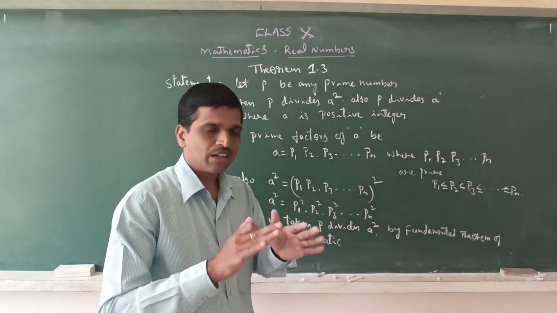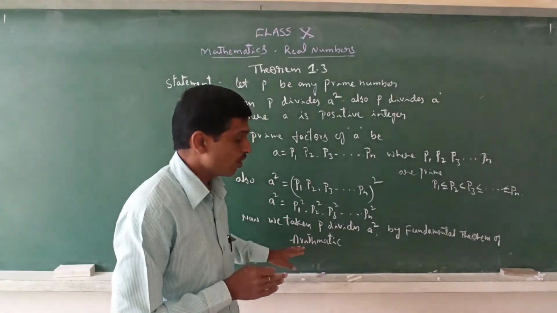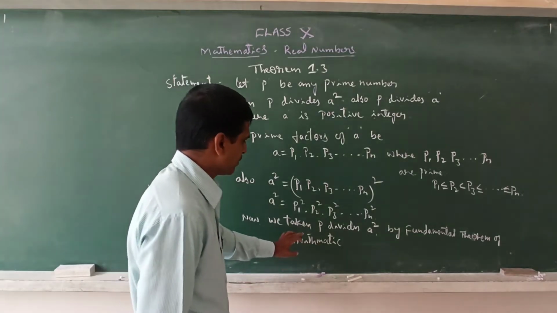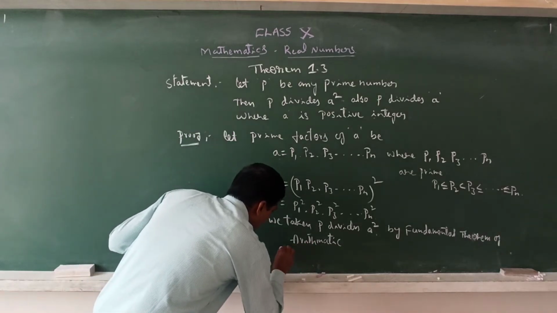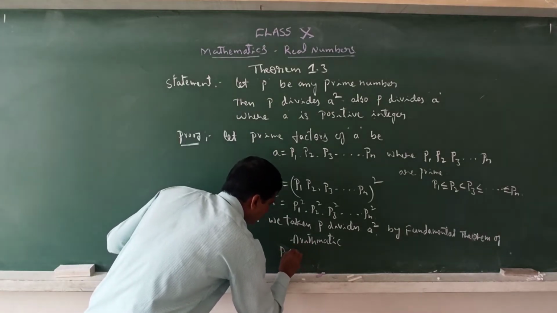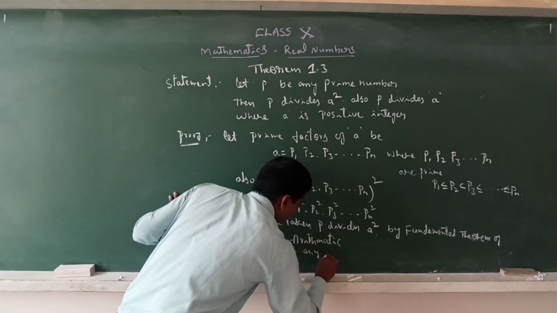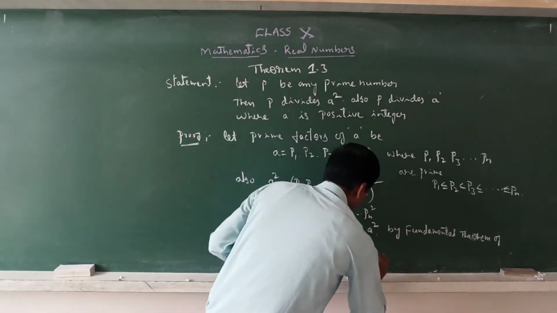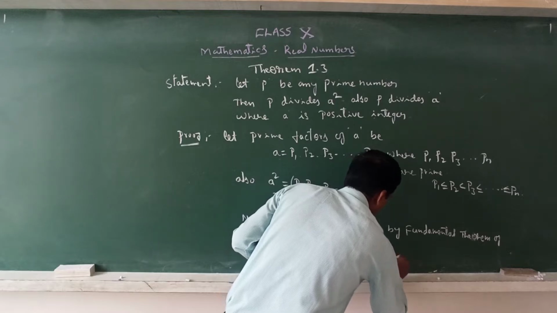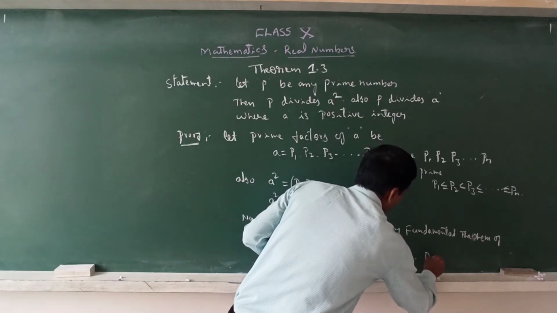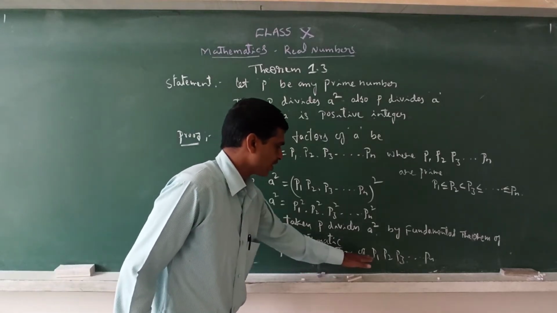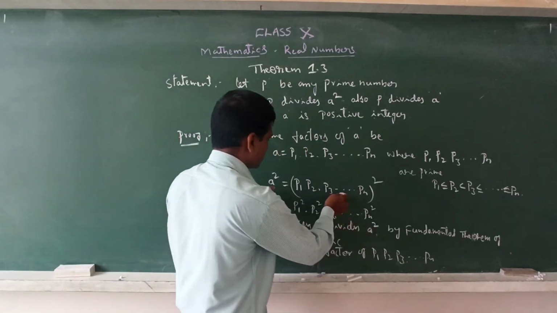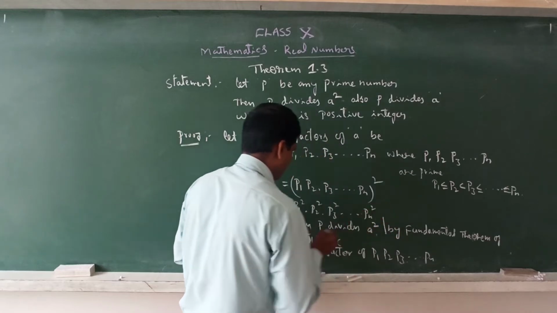Wherever you factorize a composite number, it is unique apart from the order in which the prime factors occur. So by this we can say that P is any factor of P1, P2, P3 and so on up to Pn, because we have already taken that P divides a square and the fundamental theorem says we need uniqueness.